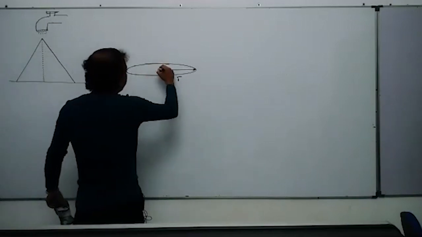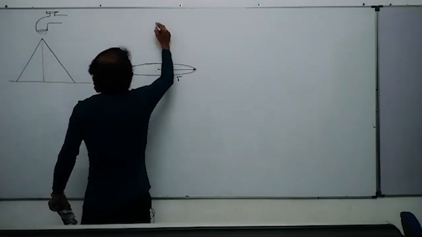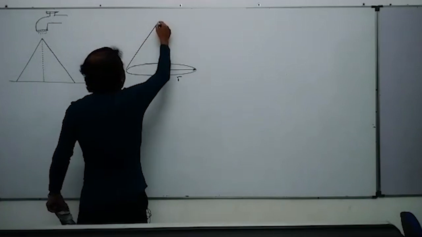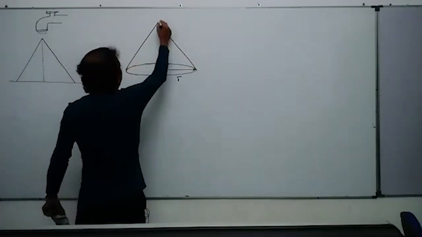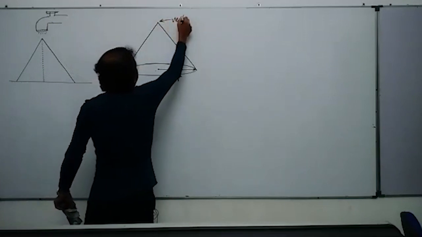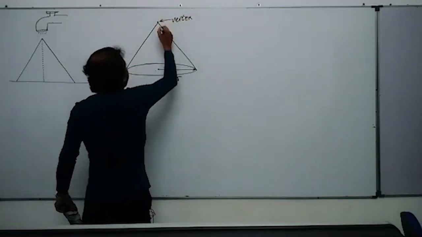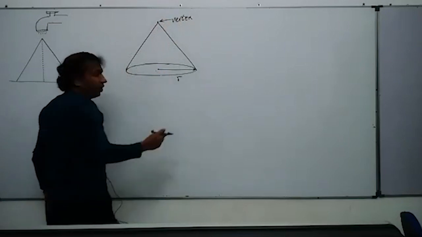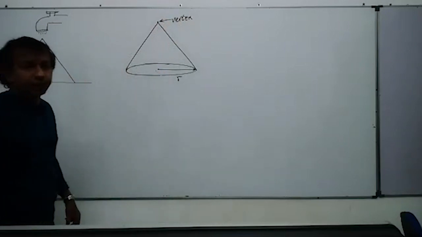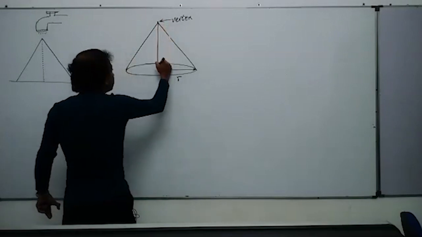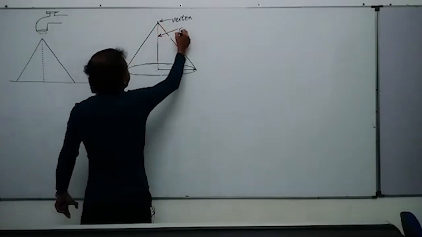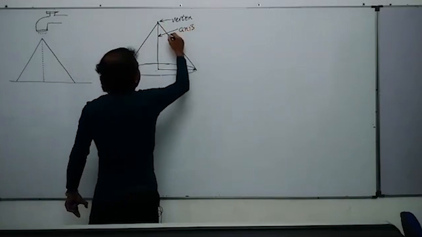Now here, we can join. This is a cone. This is called the vertex. When we join this vertex and the center of the base by a line, this line is called the axis of the cone.